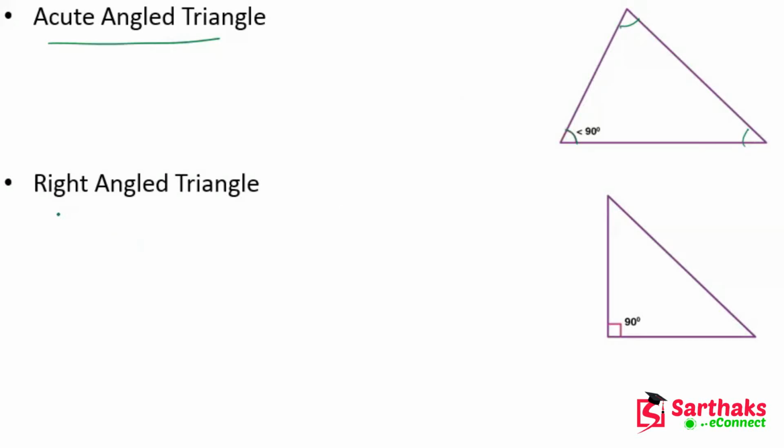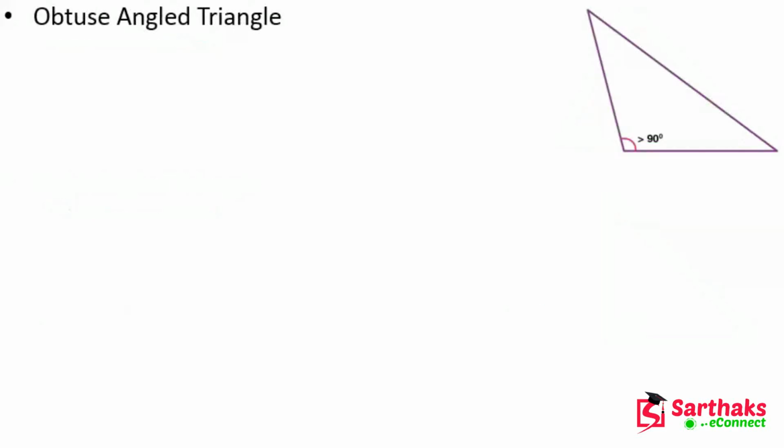And if we talk about the right angle triangle, in a right angle triangle, one of the angles is equal to 90 degrees. This is the right angle.